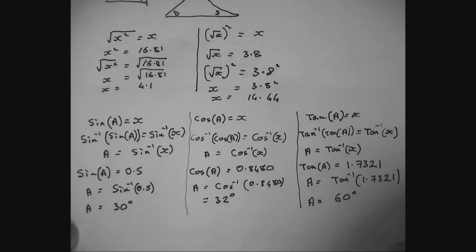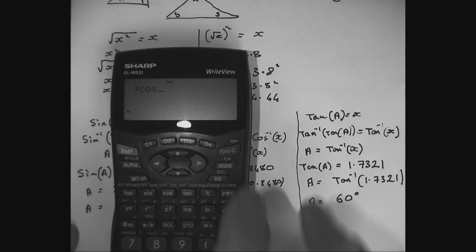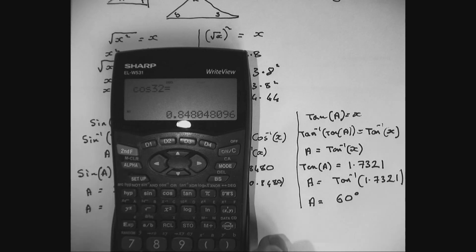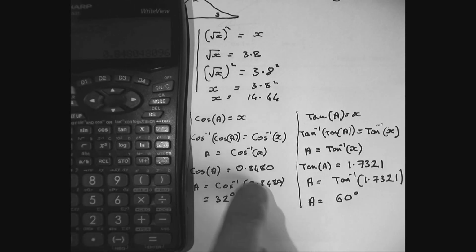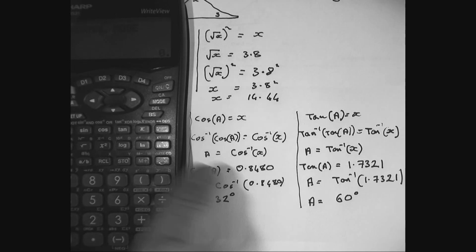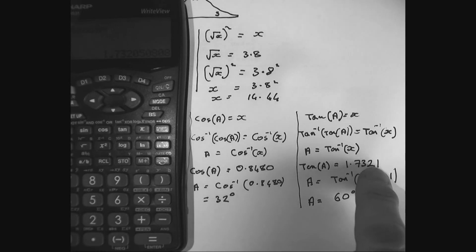If we take the cosine of 32 degrees, we get back to 0.8480 as per the concrete example. If I take the tangent of 60 degrees, I get 1.7321.